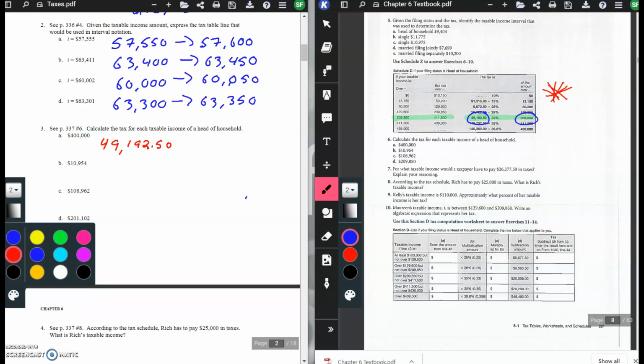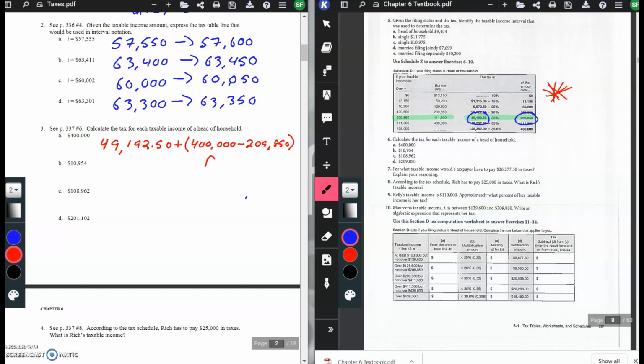Obviously 400,000 is well over $209,850, so we need to find the difference. So you're going to add on the difference, 400,000 minus $209,850. Okay, that is the difference. And you're going to multiply that difference by the percentage that the formula gave us right here, 33%. So you're going to multiply by 0.33 or 33%.